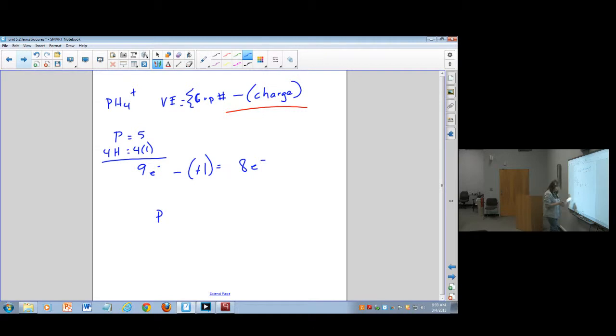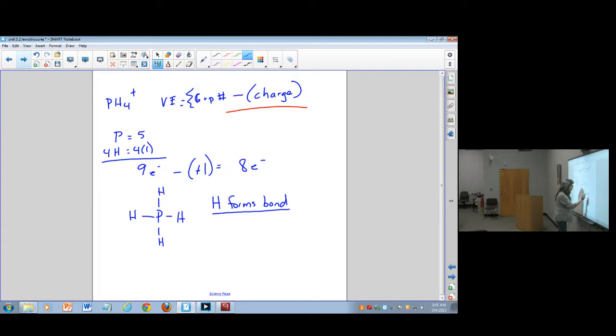So P is going to be the central atom, with H, H, H, and H. Now, can I put electrons on the hydrogen as the outer atom? No. Hydrogen forms one bond, remember, because it only has one electron.